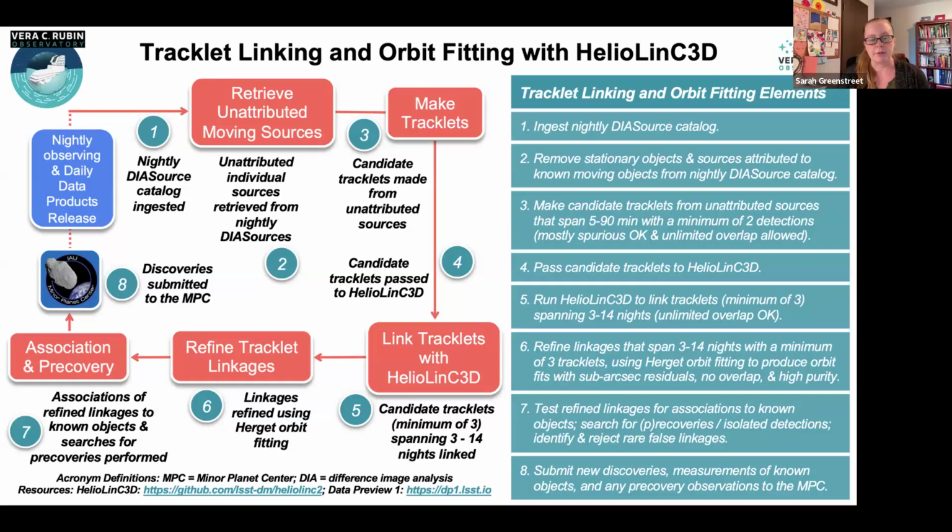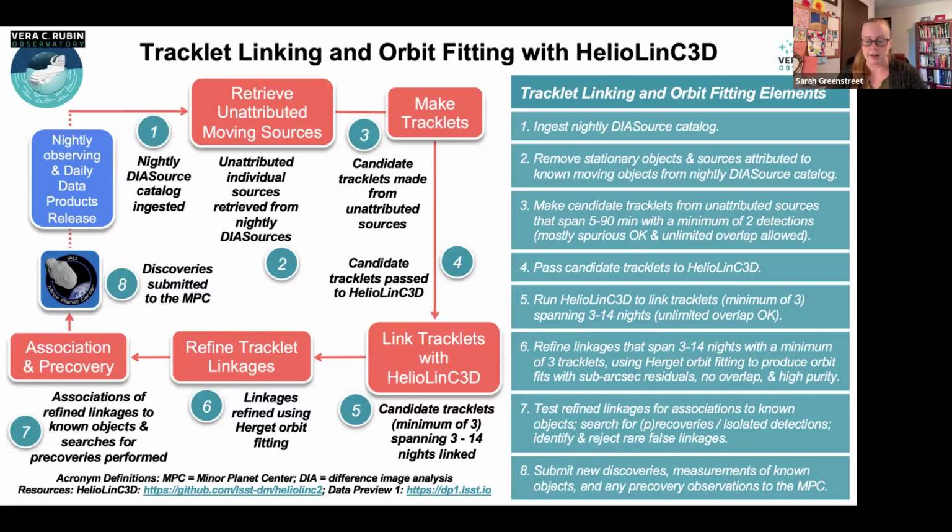So after the nightly observing happens, the nightly DIA source catalog is ingested. All of the individual sources that are unattributed to something else are pulled out of those nightly DIA sources. And then the make tracklets function will connect and make tracklets for the candidates from all of those unattributed sources.